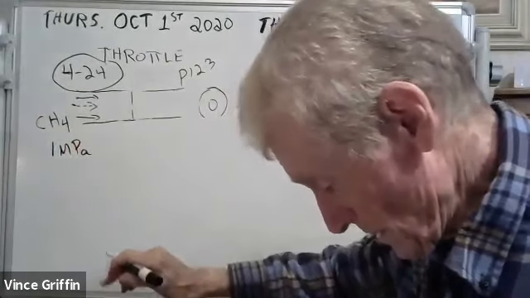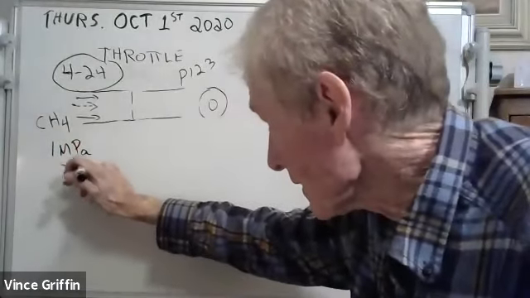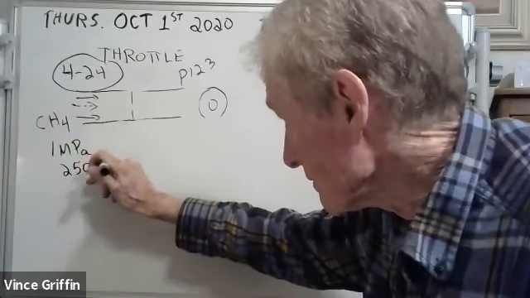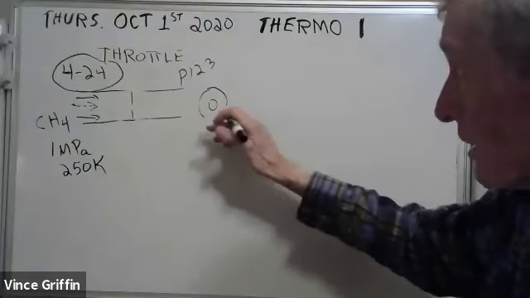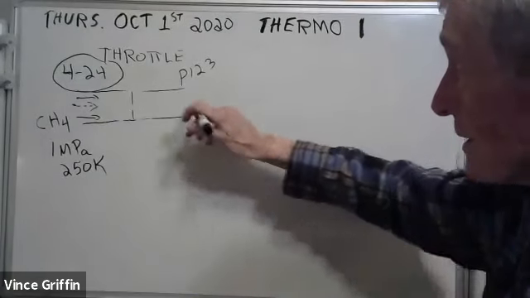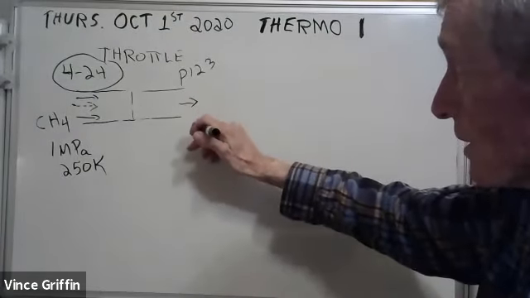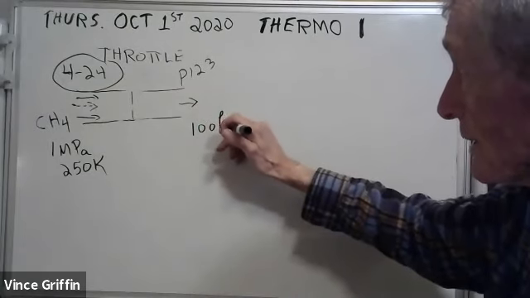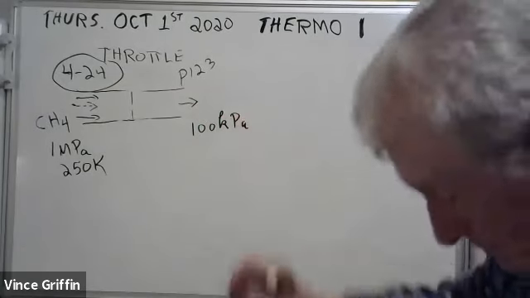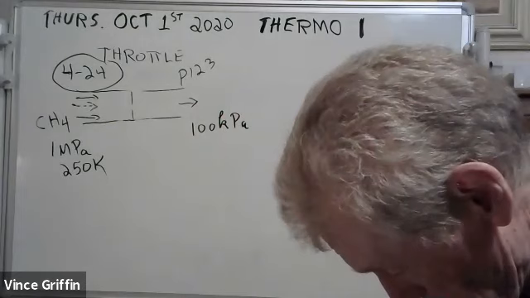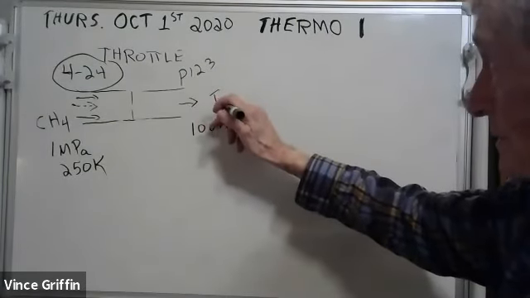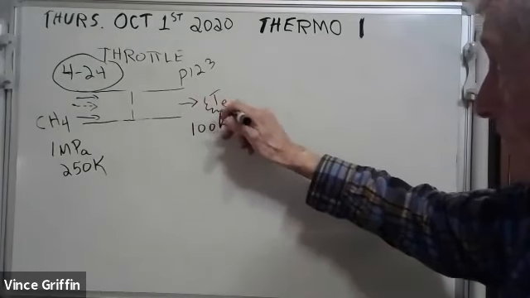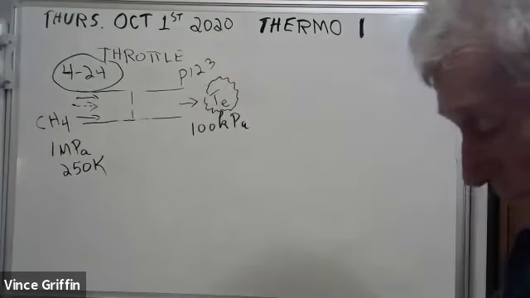Methane at 250 K. All right. Throttle through a valve to 100 kilopascals coming out. And they want to know the exit temperature. We'll put that in kind of a mystery cloud here. We'll solve it for them.